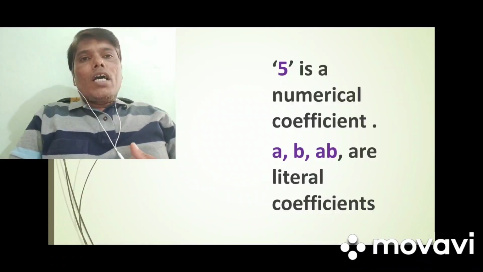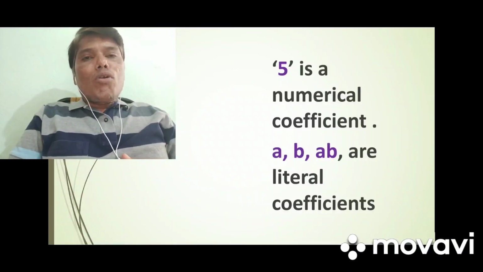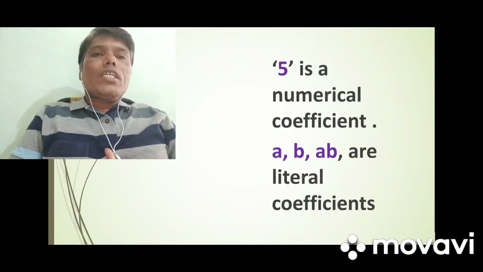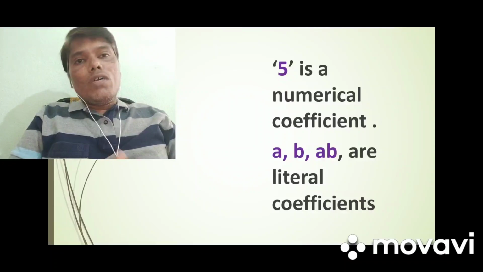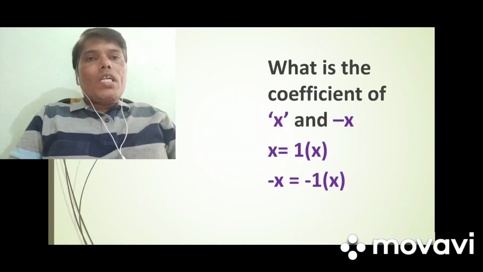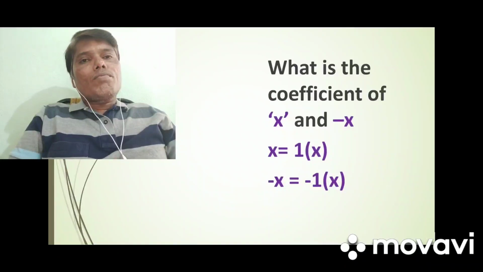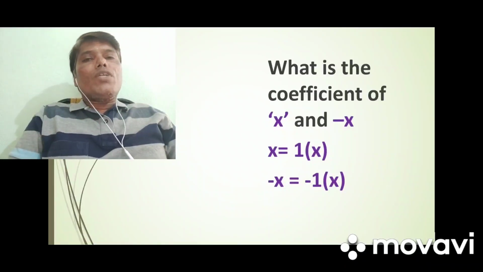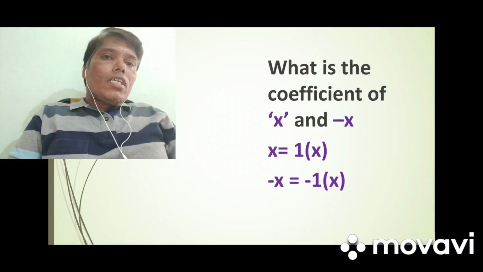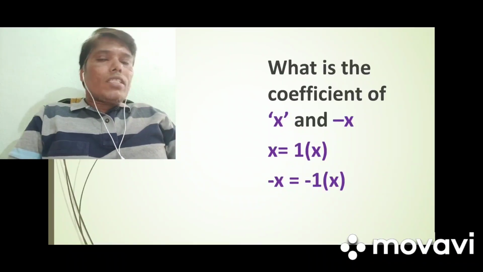So here I have to tell an important thing. Suppose in any term, if the coefficient is not given, then what is the coefficient? Let us see the examples. What is the coefficient of the term x? Before the x we don't have any number, but we can write the term x as 1 into x.